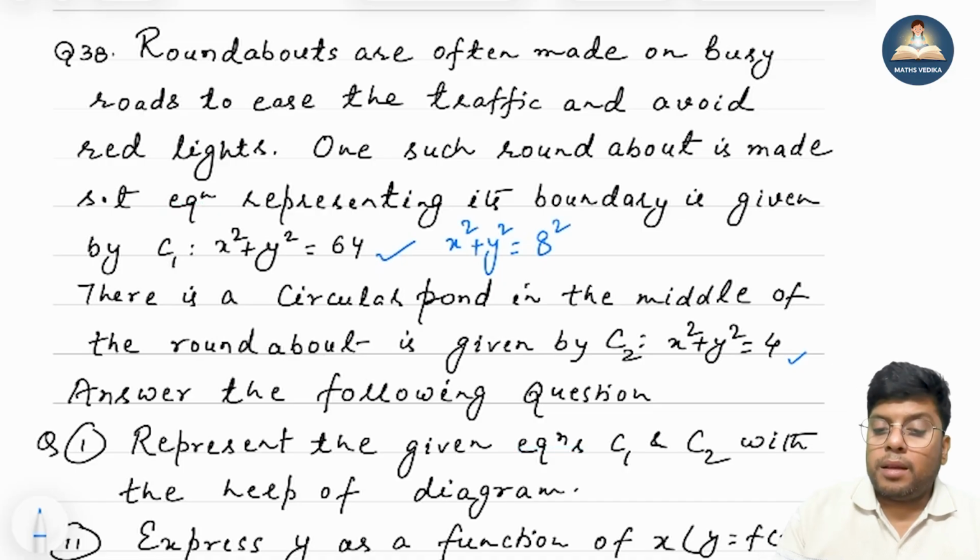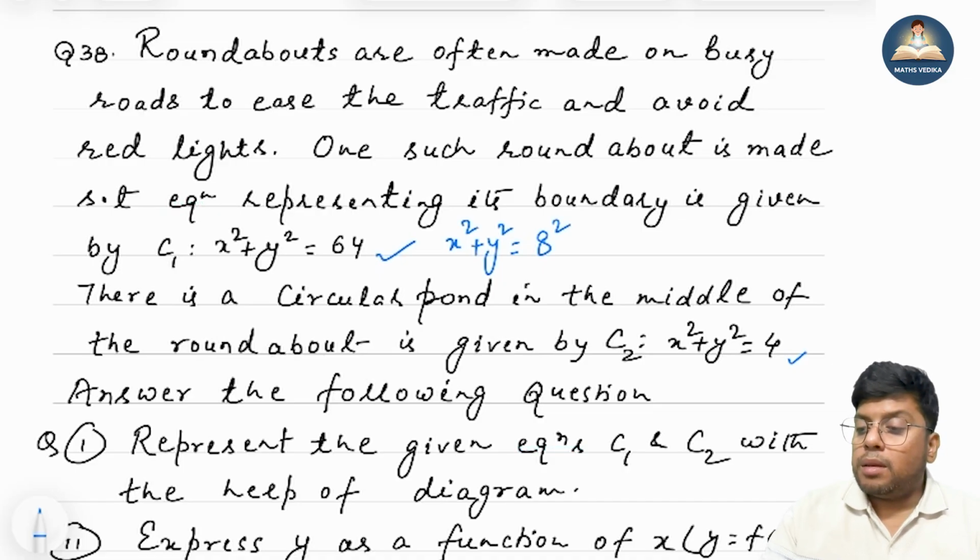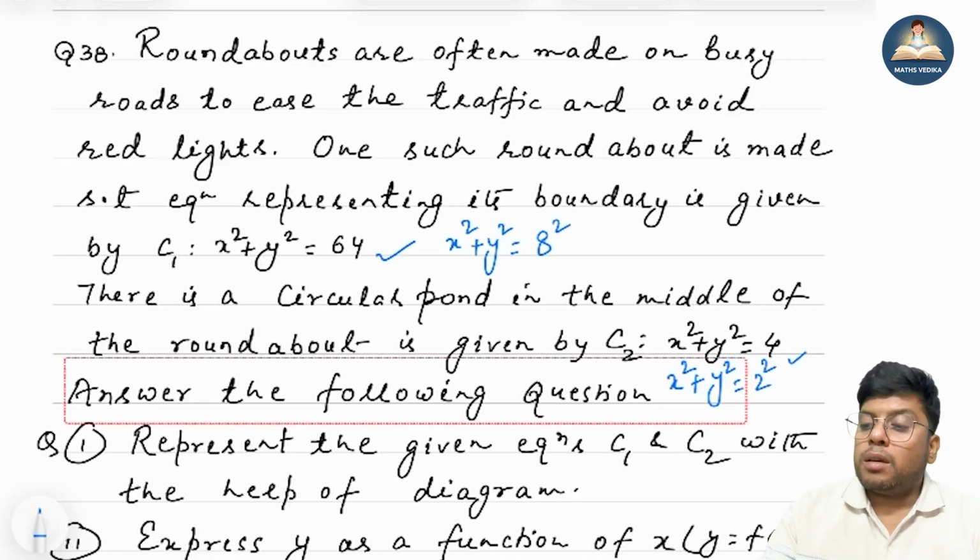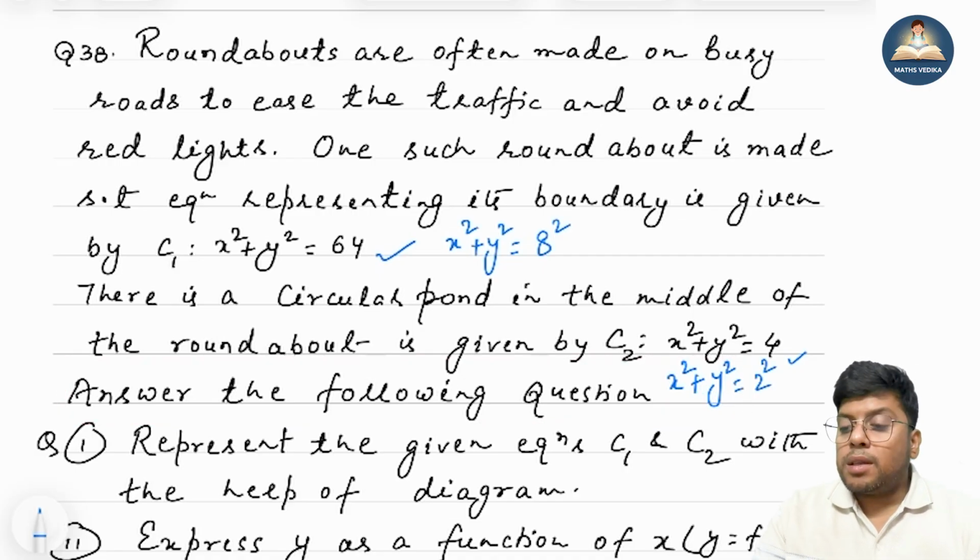Similarly, here we have circle 2, represented by the equation x square plus y square is equal to 4, that is 2 square. So here the radius is 2 unit. So we'll represent these two circles with the help of a diagram.